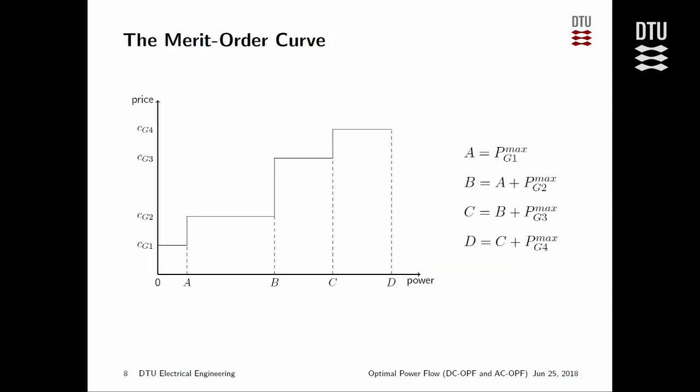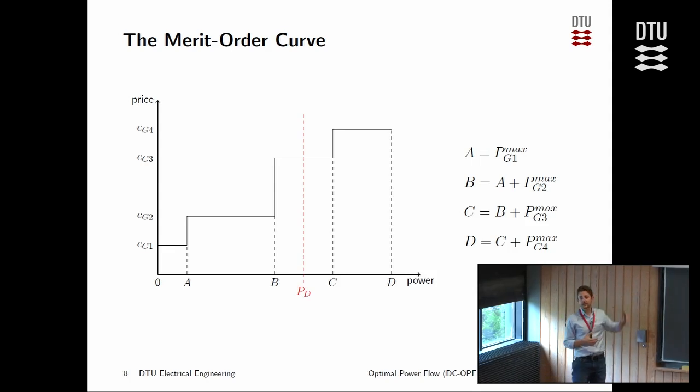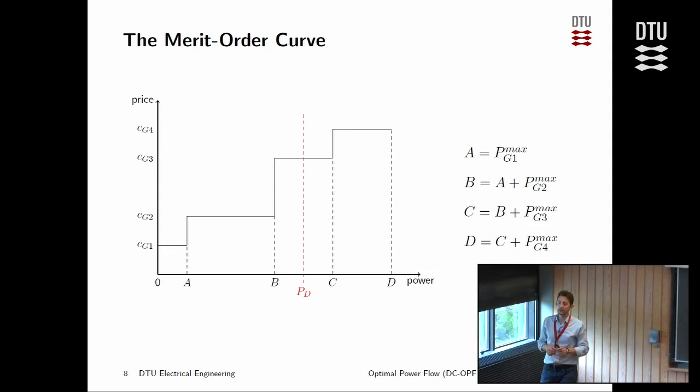So, and now that's what David said with the merit order curve. What we do here is we rank each generator from the cheapest to the most expensive one. And this A, B, C, and D is actually the maximum limits of this generation. So we add this up and we try to find where is our demand, right? Let's say that our demand is so much for the next hour.